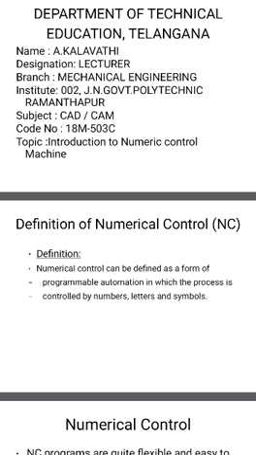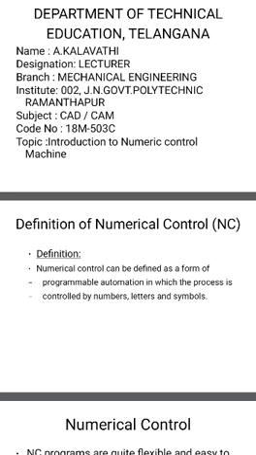When the job changes, the program of instruction is changed. So for one job we'll write one program. If we want to change to another job, we should write another program for that. According to the designs, we'll change our programs. That is called numerical control machine.